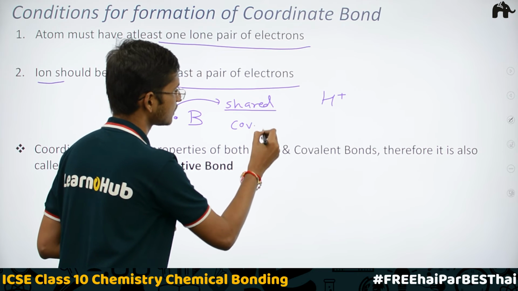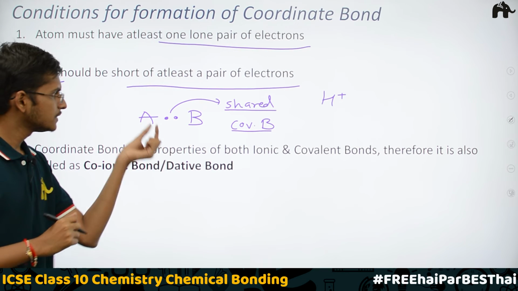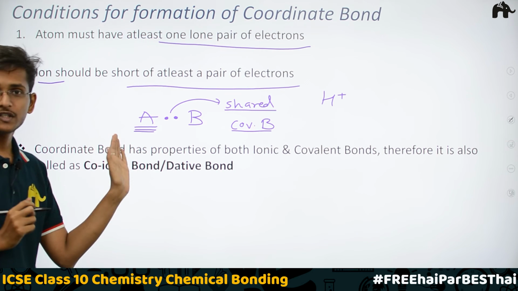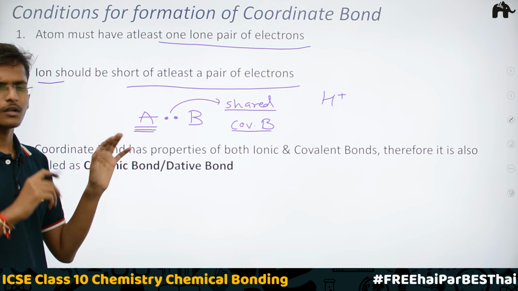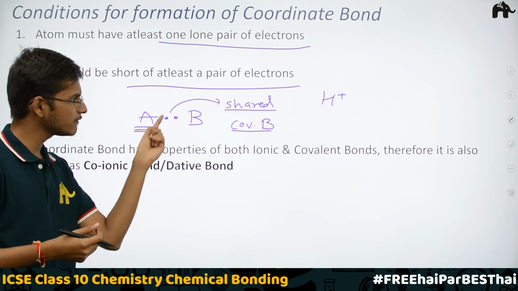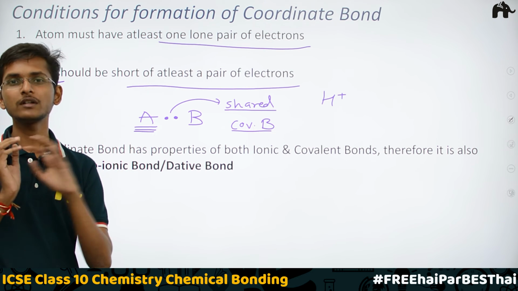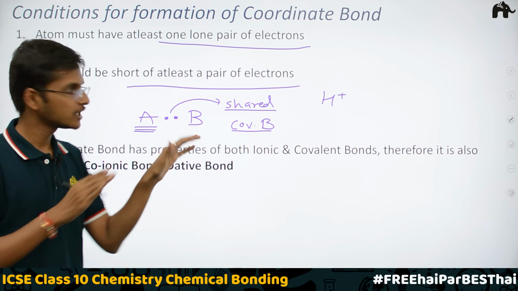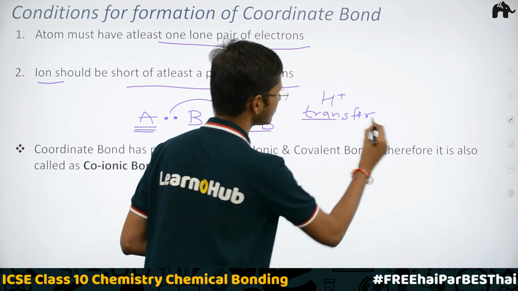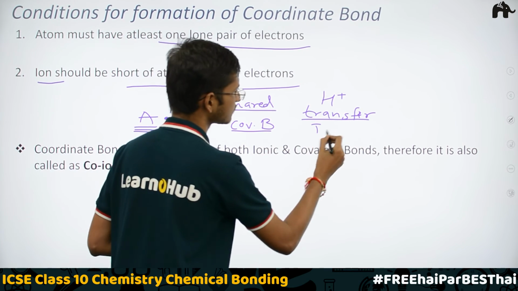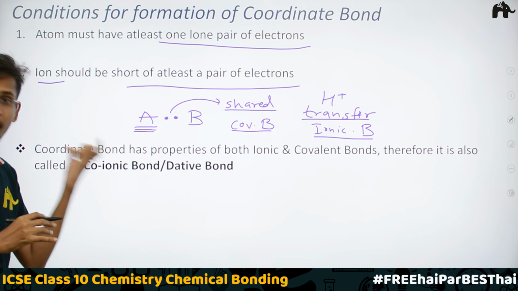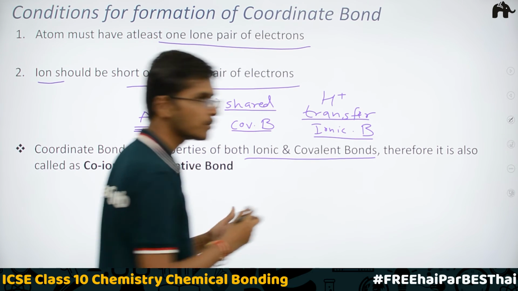At the same time, this electron pair is being provided by one of the atoms, so it also has some property of transfer of electrons, just like in the case of an ionic bond, where the electron is provided by one of the atoms only. So the transfer-like property is also there in the coordinate bond, which is like that of the ionic bond. This means our coordinate bond has properties of both ionic and covalent bonds, correct?